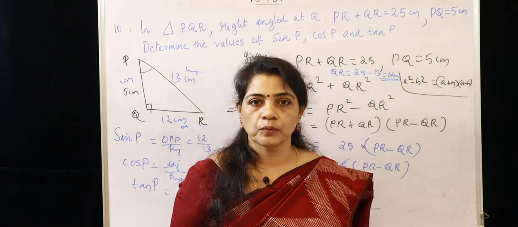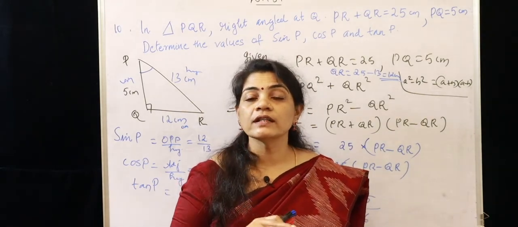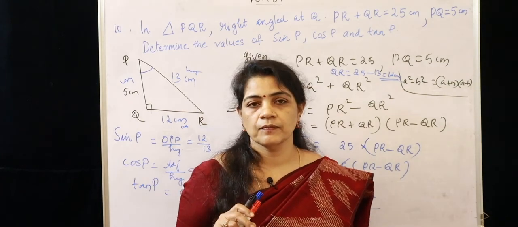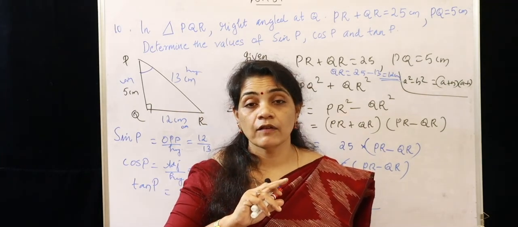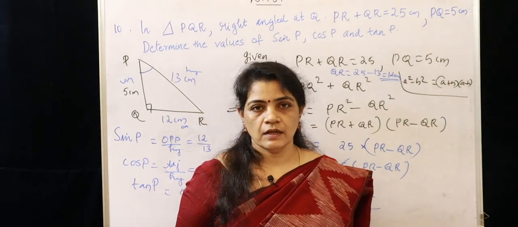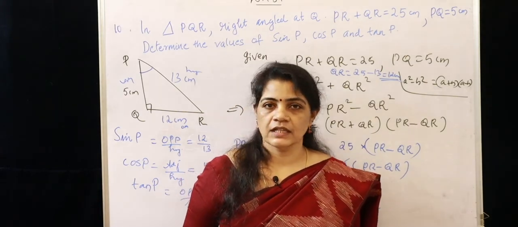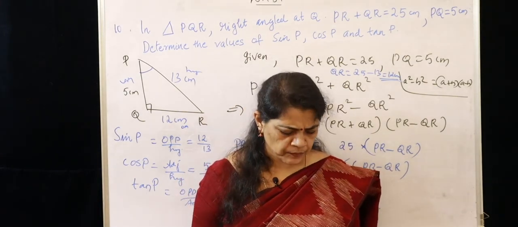So this is true. Cosec A can be 12 by 5. If it is 5 by 12, that will be a wrong answer, false statement, because cosec is never a proper fraction. So this is a true statement.